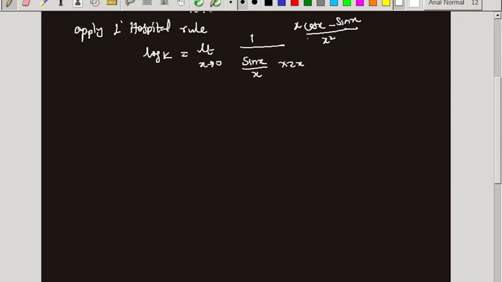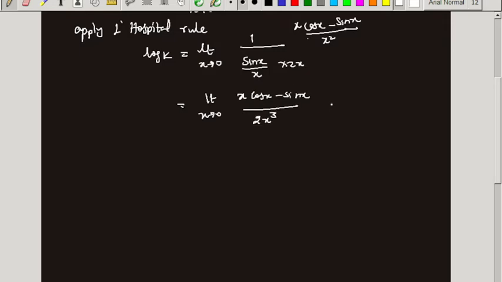So here we modify this. Limit x tends to 0, we write this as x cos x minus sin x dividing by 2x times x square, we get 2 times x cube.